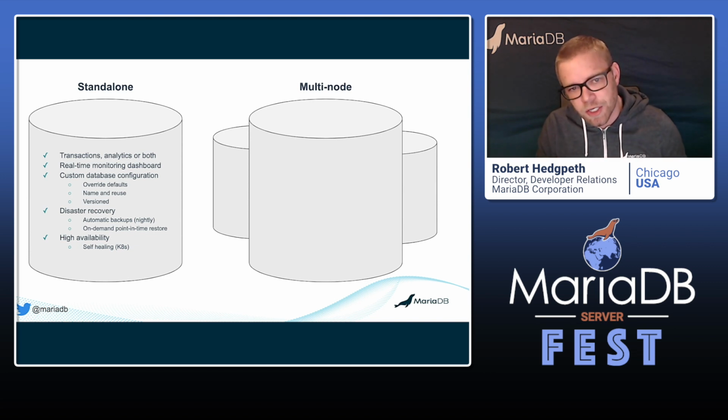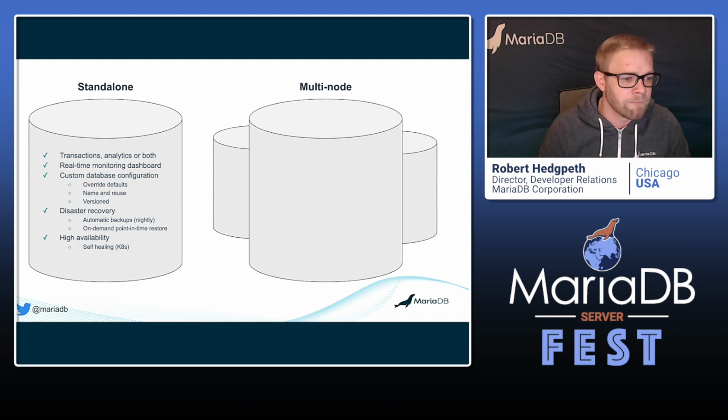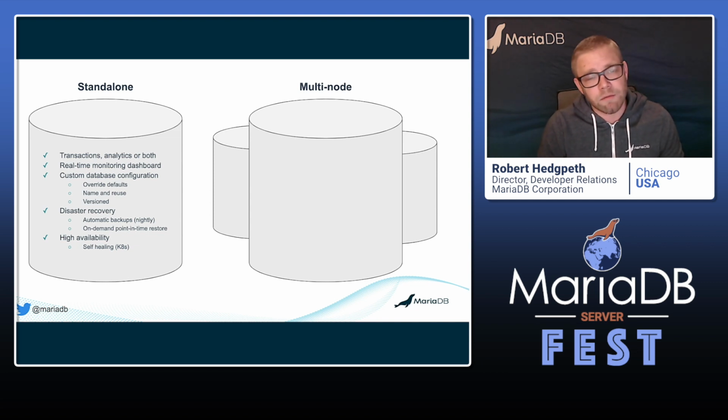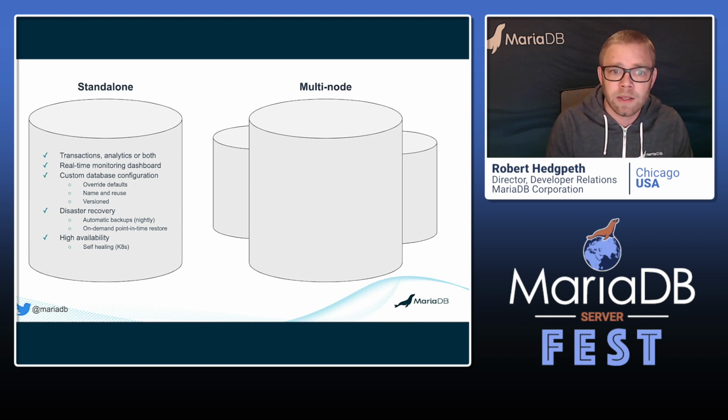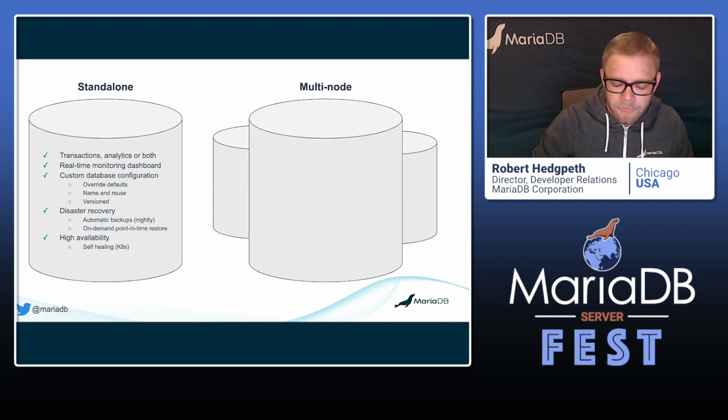Point-in-time restoration, of course, if you needed to go back in time to restore your database at a certain point. And as I mentioned before with Kubernetes, there is the ability to provide this high availability through something called self-healing. Essentially, when a Kubernetes pod were to die or go down for a variety of reasons, it would self-heal itself so that pod would spin back up and be very resilient that way.